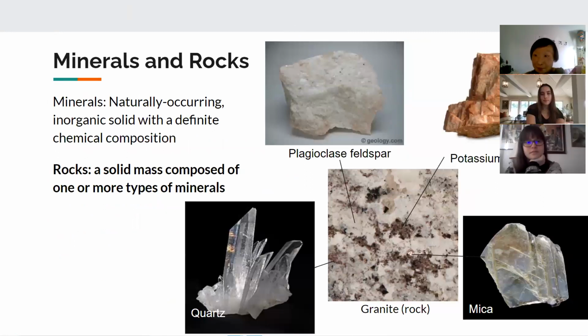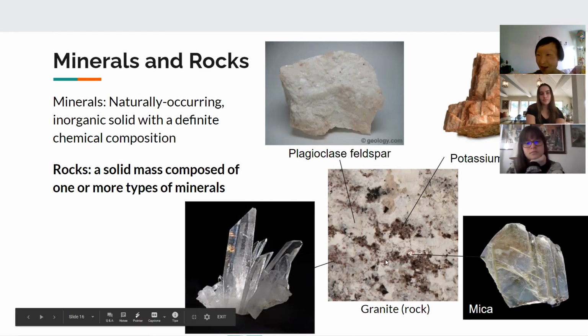What's the relationship? A rock is a solid mass composed of one or more types of minerals. So basically you have different minerals, you combine them together, boom, that is your rock. For example, this is your granite. That is one type of rock you can find in your continental crust.